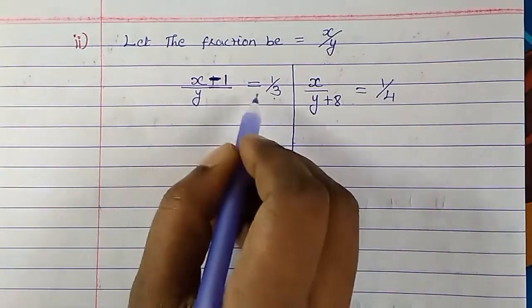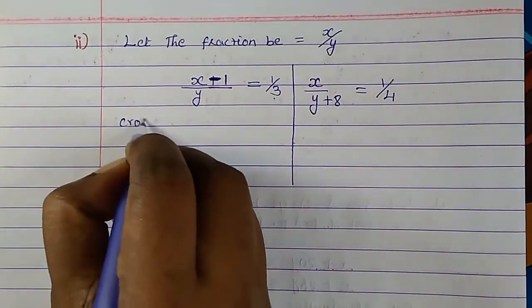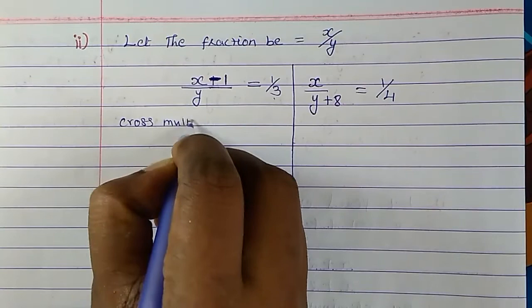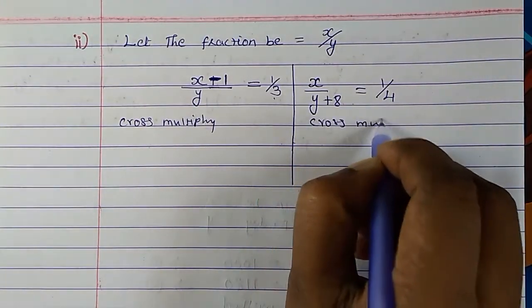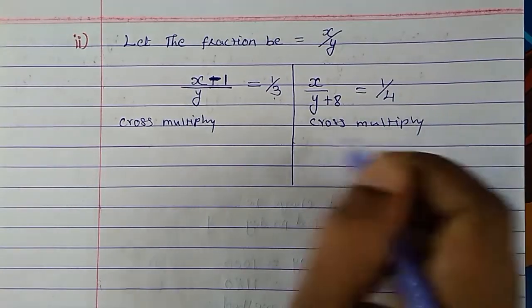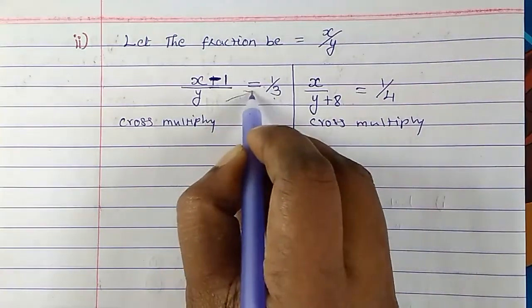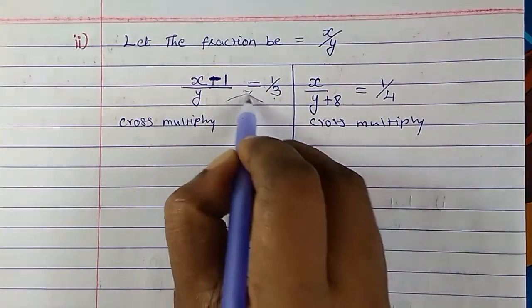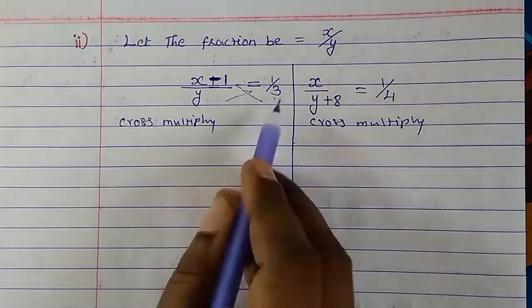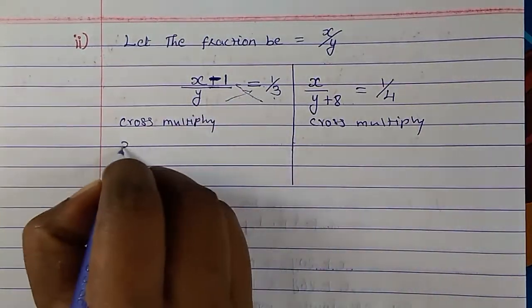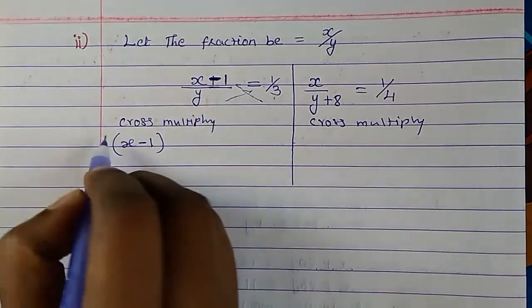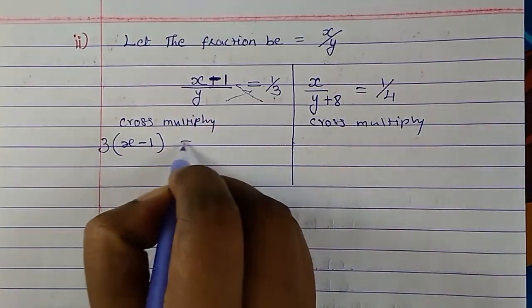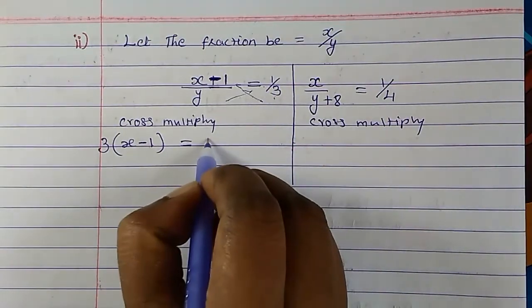So let's cross multiply. y goes to that side and 3 comes to this side. So x minus 1 remains here, and with 3 we will multiply, equal to 1 remains here only.